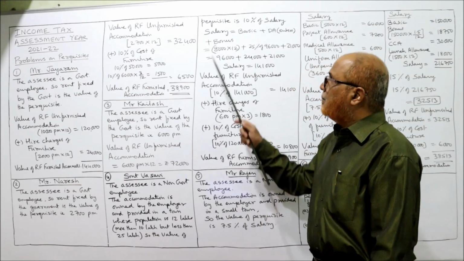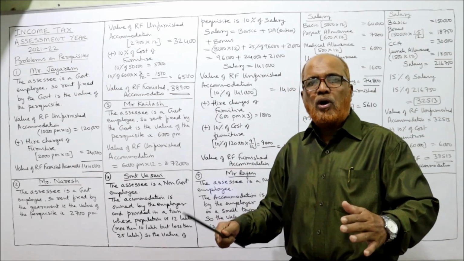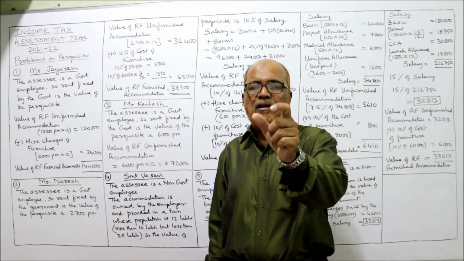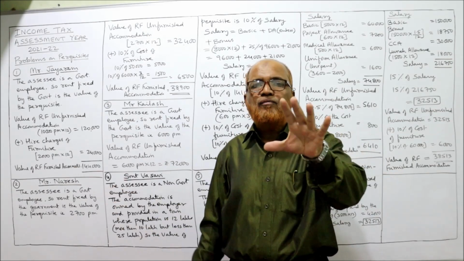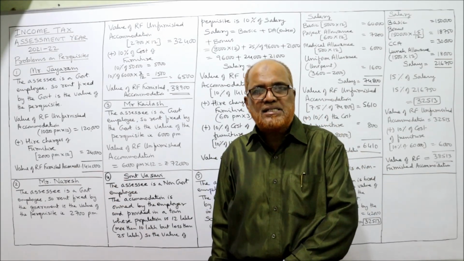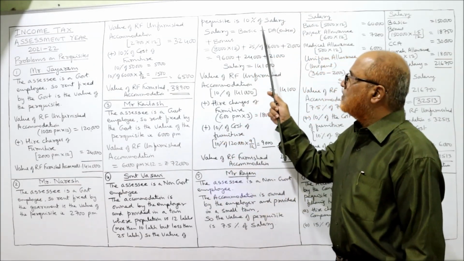So the value of the perquisite is 10% of salary. For small town, 7.5% of salary. For medium town, 10% of salary. For big town, 15% of salary. Here it's a medium town, 10% of salary.